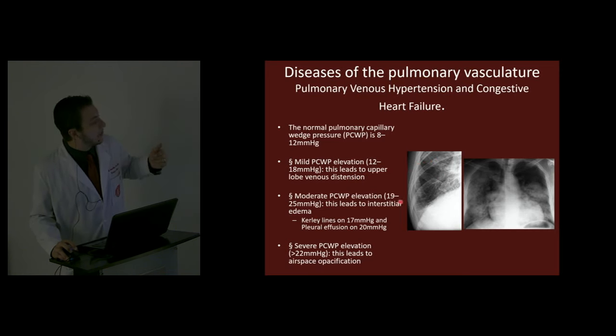If you have 19 to 25, it leads to interstitial edema, Kerley lines, and pleural effusion. And if you have an elevation above 22 millimeters of mercury, you have airspace consolidation and therefore alveolar edema.